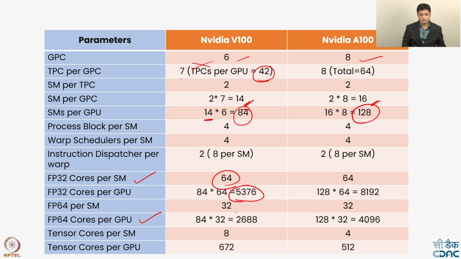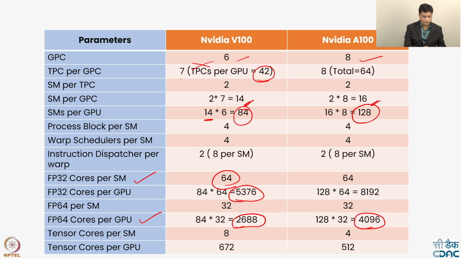FP64 cores per SM are 32, the same for both cards. But if I look at the total number of FP64 cores per GPU, I will get around 2688 here, and 4096 FP64 cores are available there.